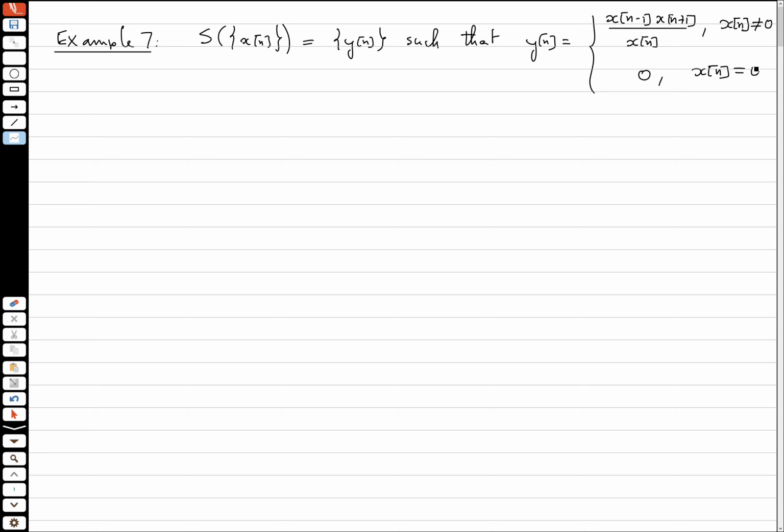All right, so this time I'm not going to ask just linearity, but I'm going to ask separately the two properties of linearity. Property 1 and property 2.